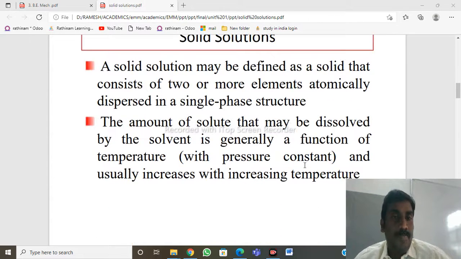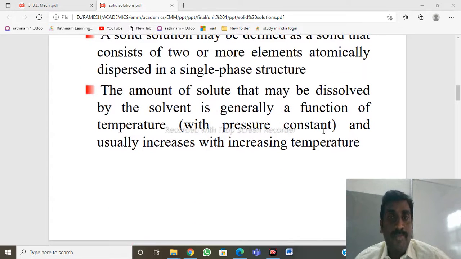For that purpose, we have to mix the two materials together. This can be done with the help of constant temperature and pressure too. By increasing the temperature, we are able to get into the molten state. For example, consider gold.